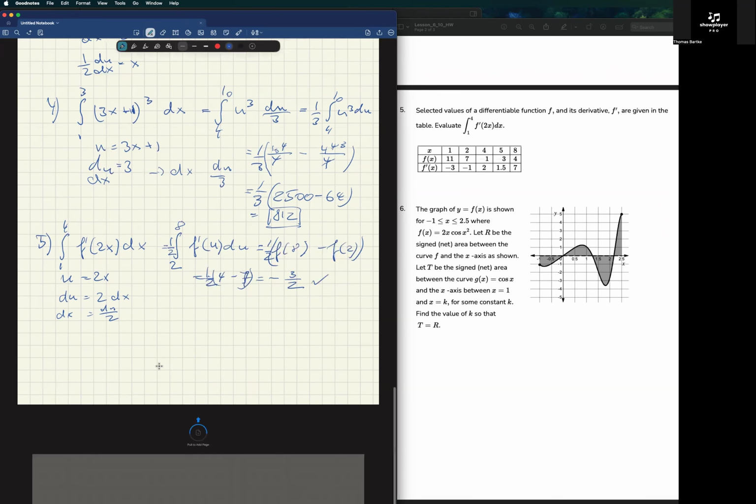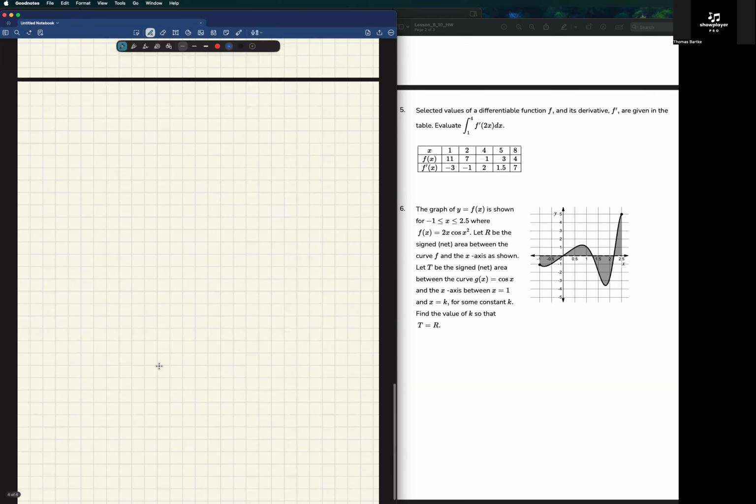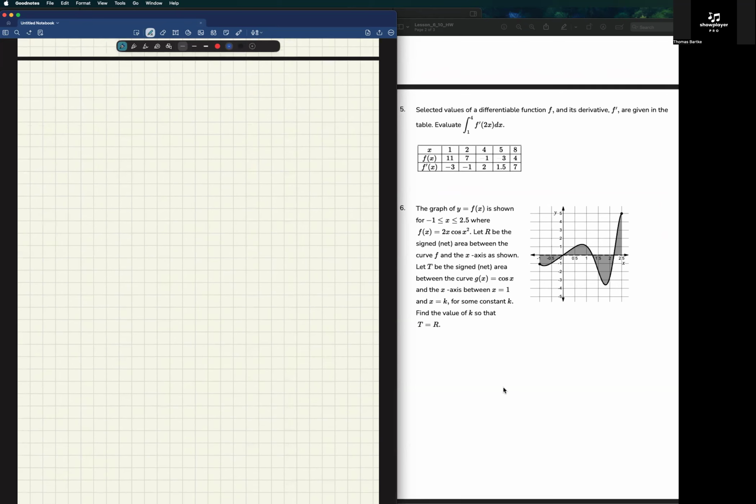Now let's scroll onwards. Let's see if we can get the whole thing done in the time that I have. The graph of y equals f of x is shown for -1 to 2.5, where f of x equals this thing. Let R be the signed area.